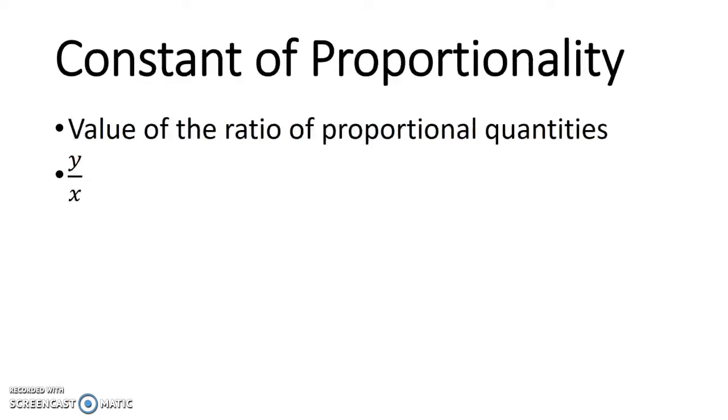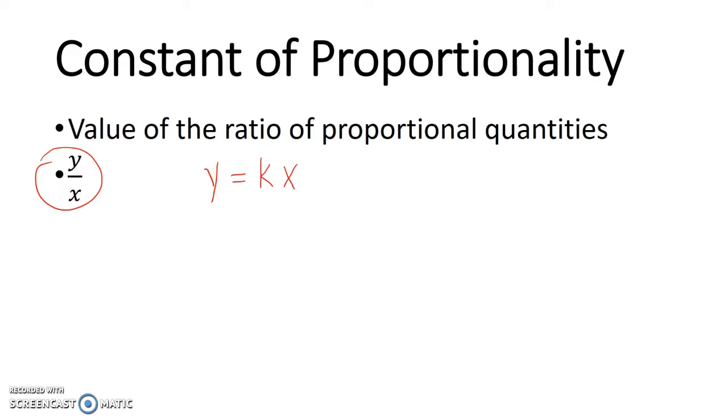So let's talk about what constant of proportionality is. It is the value of the ratio of the proportional quantities. Let's go back to that original equation, y equals kx. The way we find the constant of proportionality is y divided by x, and here's why. When you have a table, you're going to have x values and y values, your independent and dependent variables.